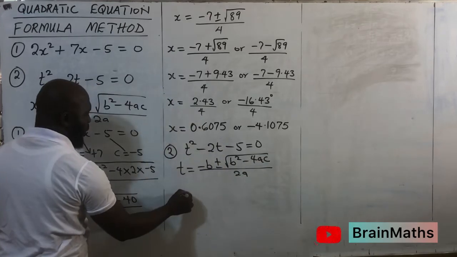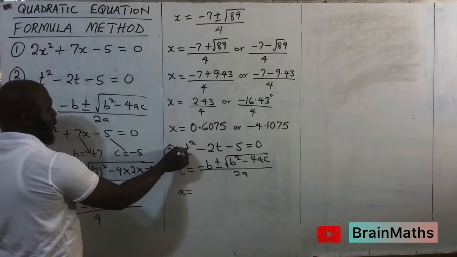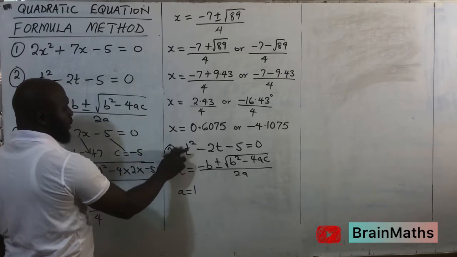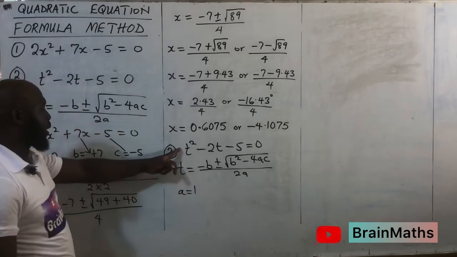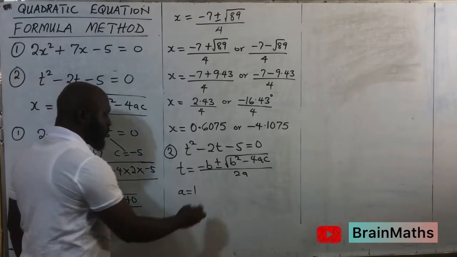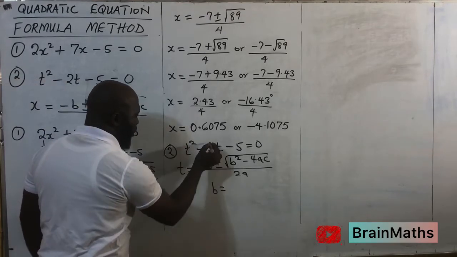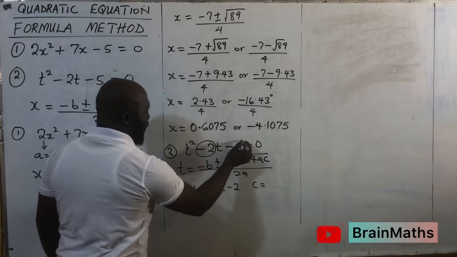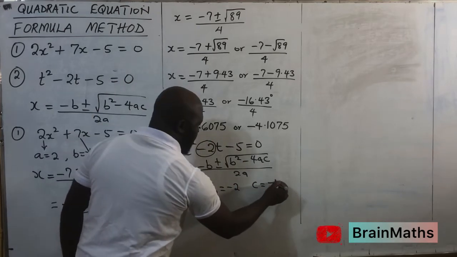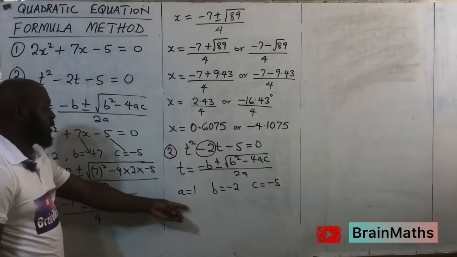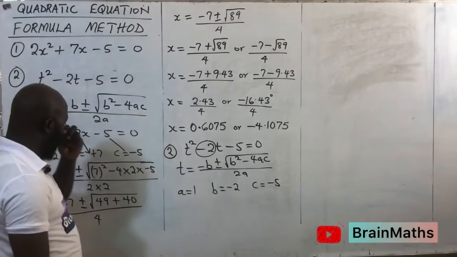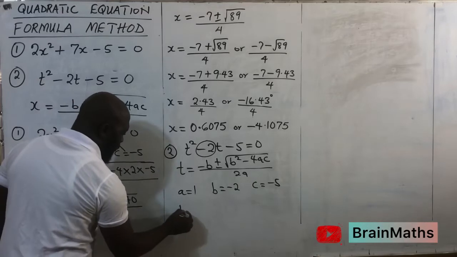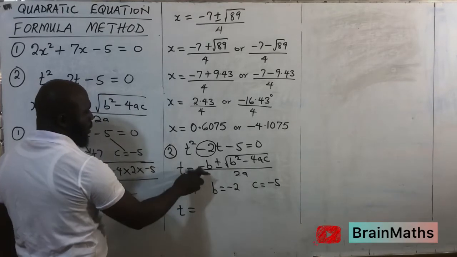So our a for question number 2 is 1. Since there is no coefficient of x squared, we have an invisible 1. Our b will be -2, and our c is also the constant, which is -5. So substituting all these parameters into that equation, we have t equals minus b.